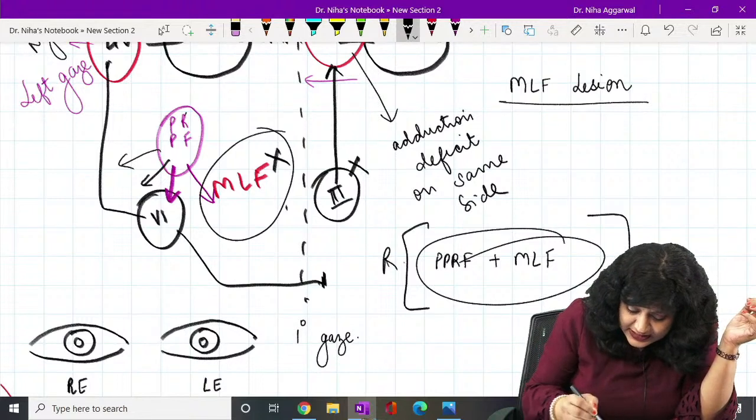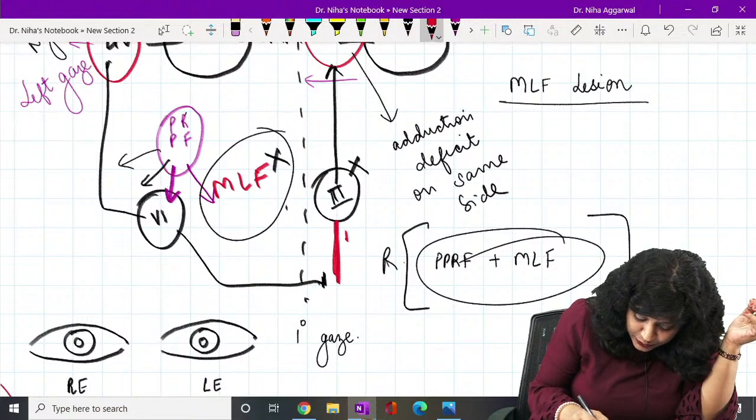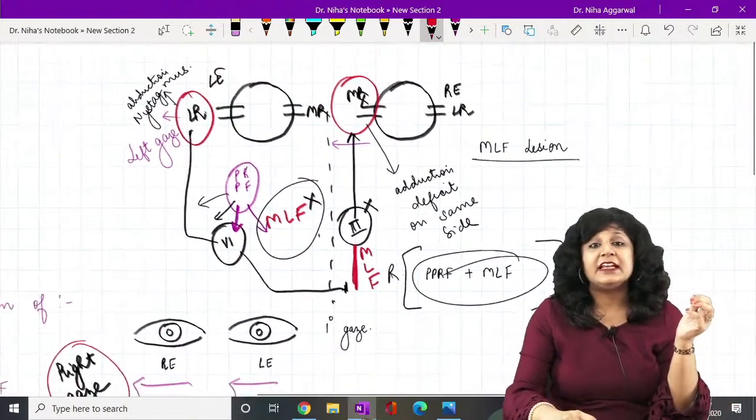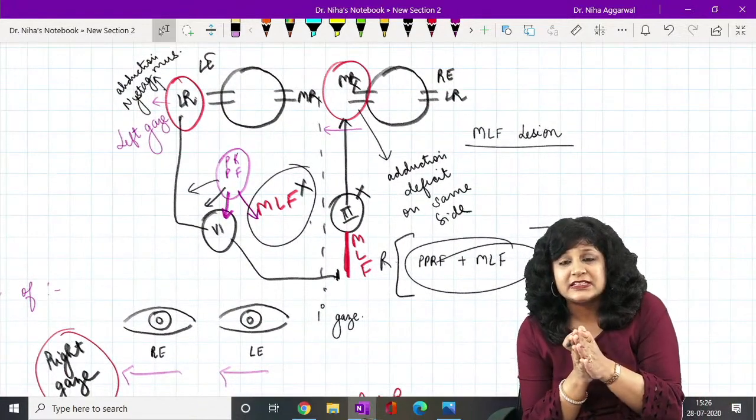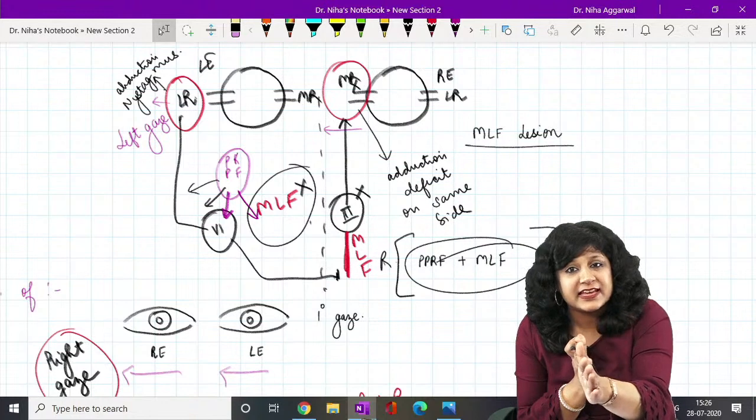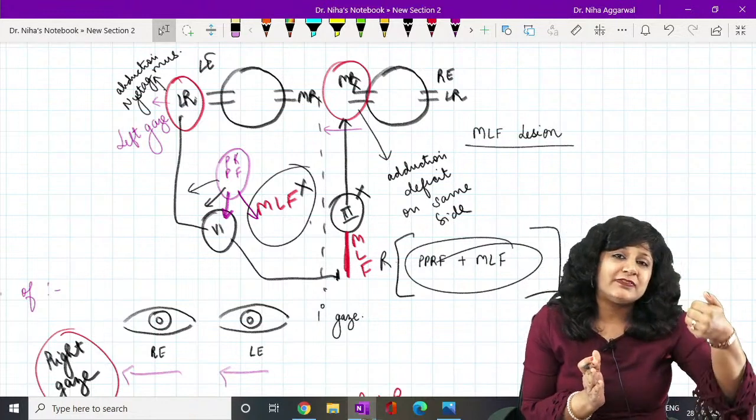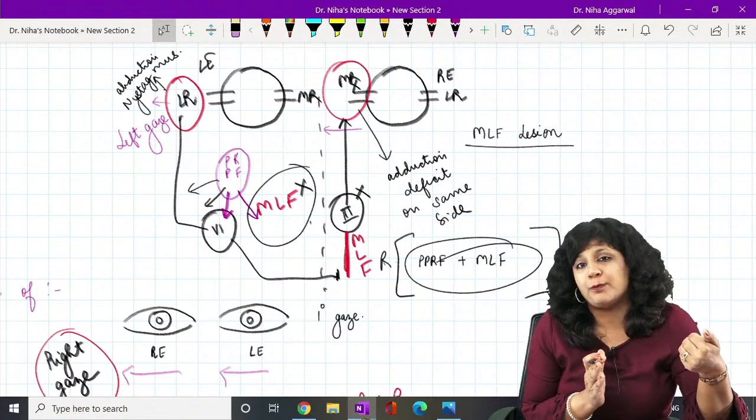So these connecting fibers are the medial longitudinal fasciculus. So basically the medial longitudinal fasciculus is concerned with the third nerve of the same side, and it is concerned with the sixth nerve of the opposite side.